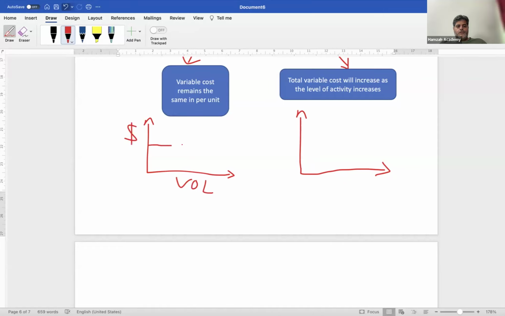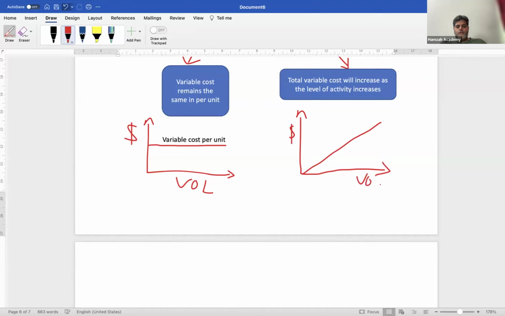The variable cost is going to remain the same over here, and this is going to be variable cost per unit. And if I go over here, this will go like this. This is again the amount.